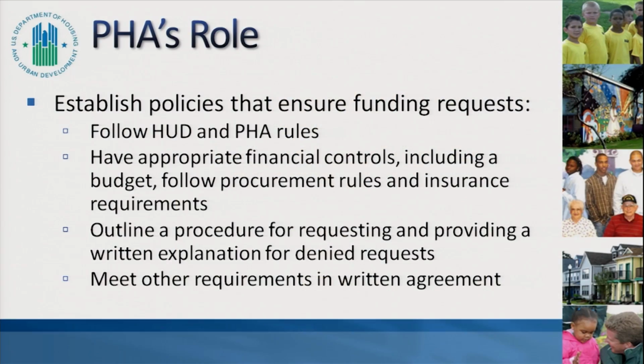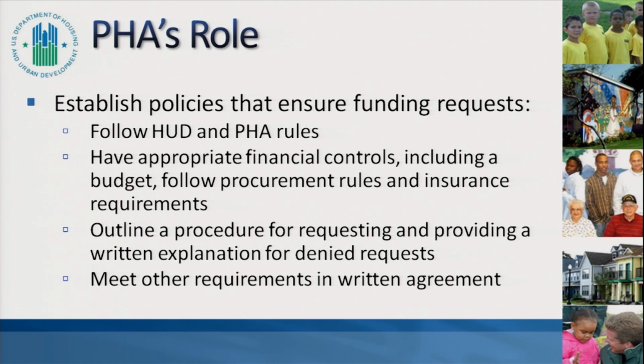In addition, it's important that the Housing Authority establish policies that follow HUD and PHA rules, i.e. Notice 2013-21, have appropriate financial controls, including a budget, that they follow the procurement rules and insurance requirements, and very importantly, outline a procedure for requesting and providing a written explanation for denied requests.